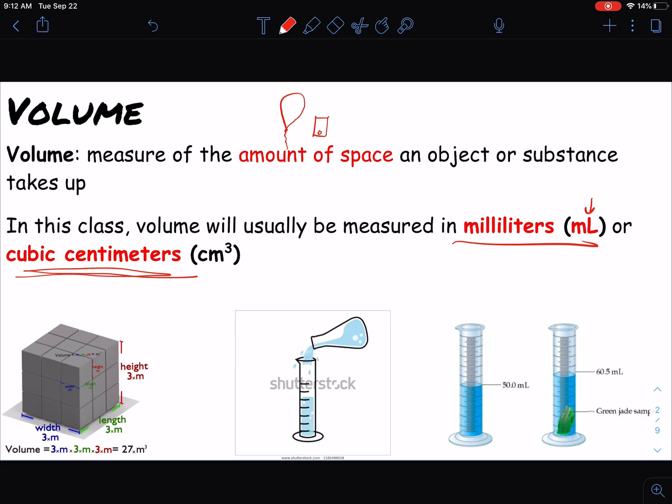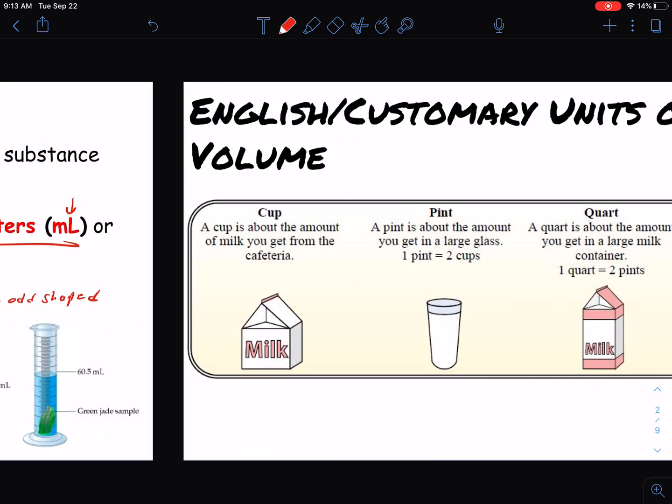We have the volume of solids that are cubical, liquids, and then solids that are oddly shaped. So let's go on from here.